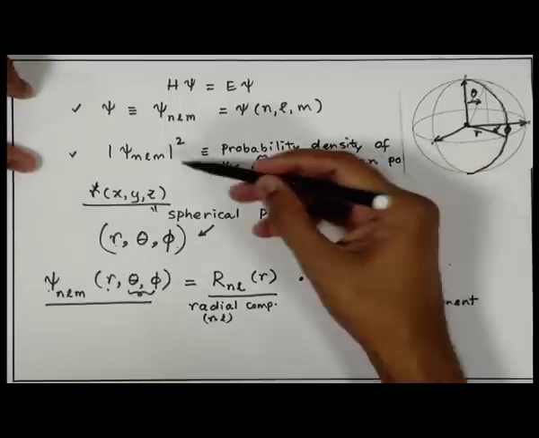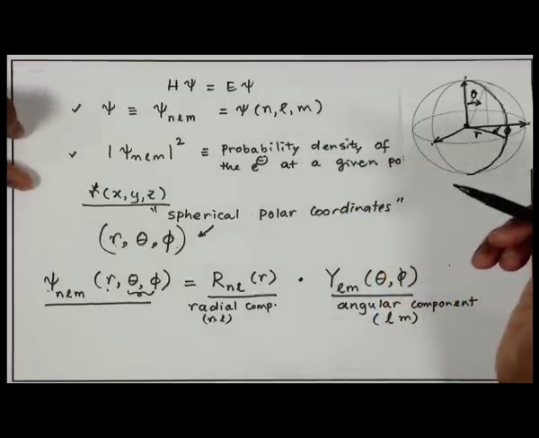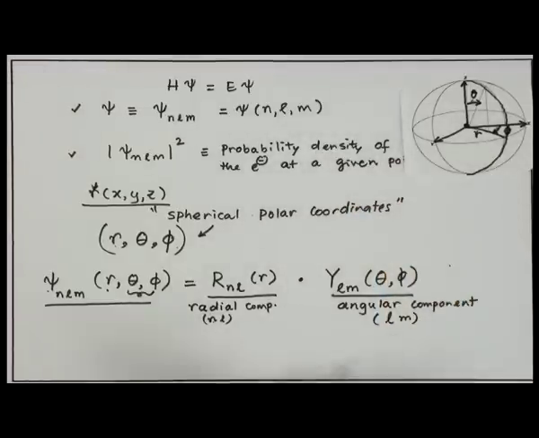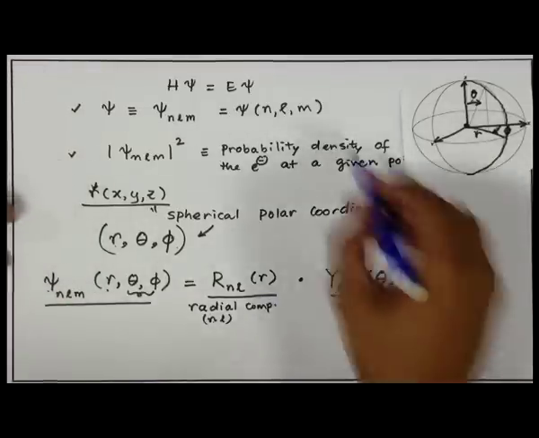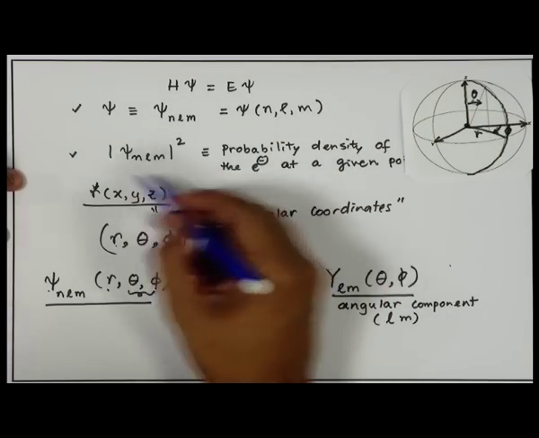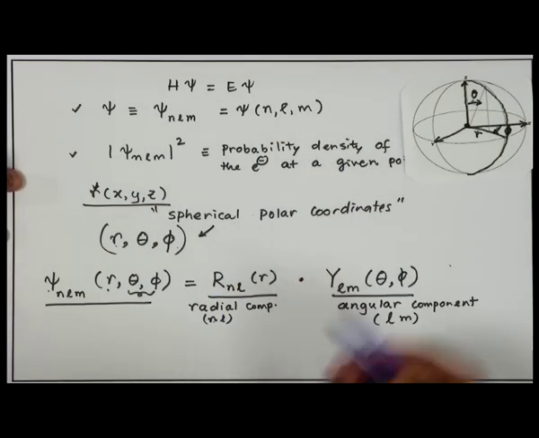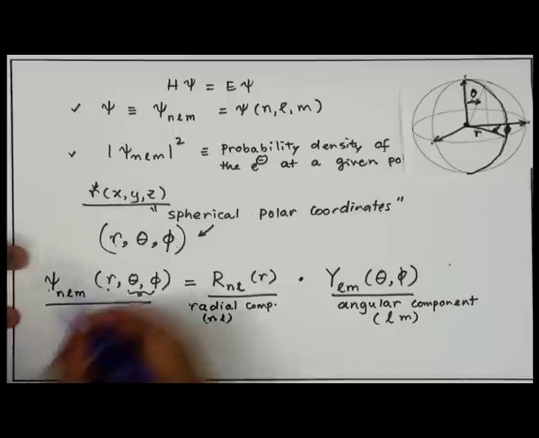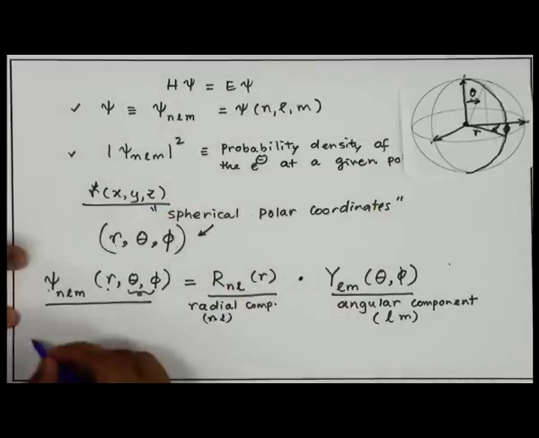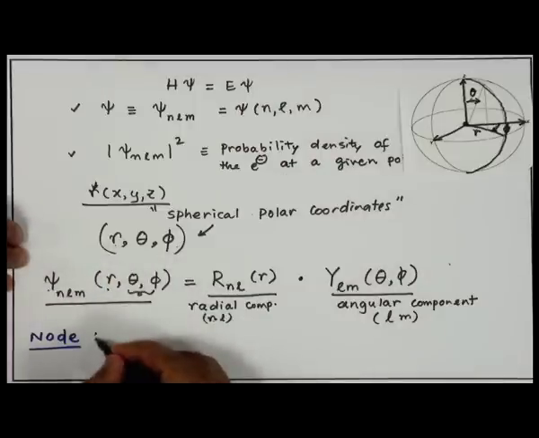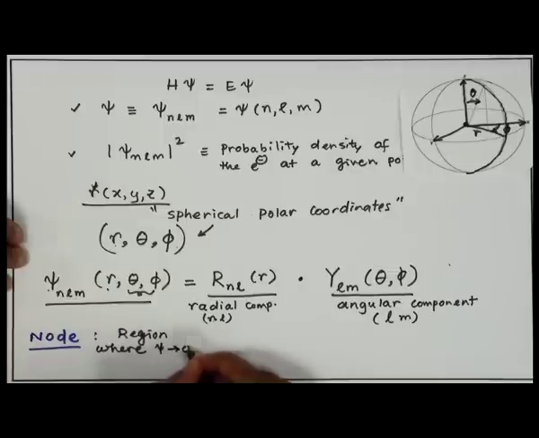Now, the wave function square gives you the probability density. There is a special term that we would need here. While the square of the wave function tells you the probability density, there are some regions in space where your wave function is 0, and therefore, the probability vanishes.